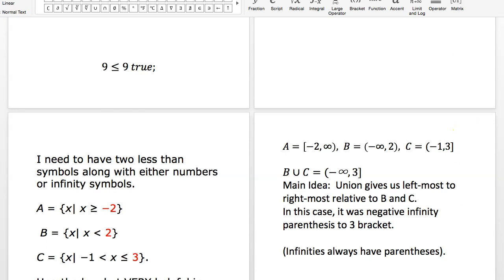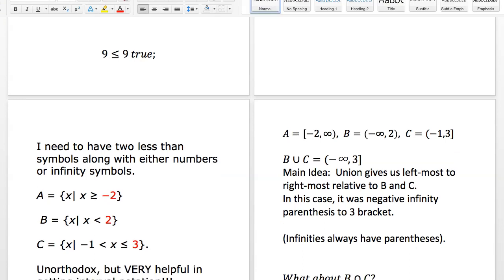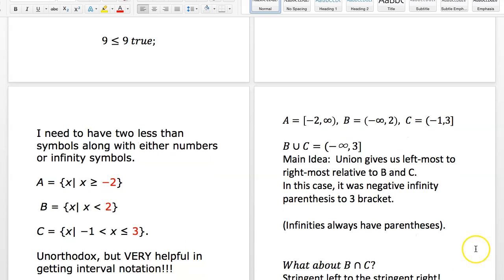It's the more stringent left to the more stringent right. It's very different. So the more stringent, now -1 is much more strict than neg infinity, right?